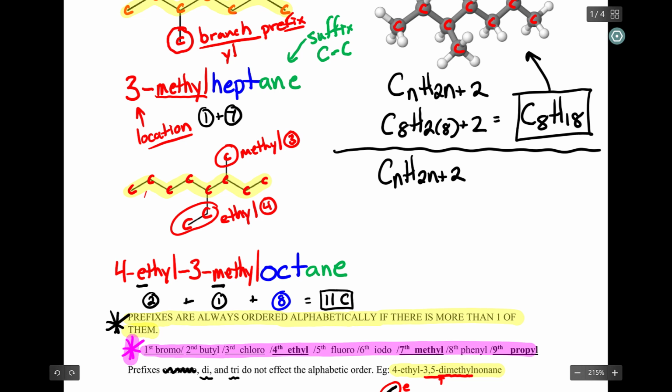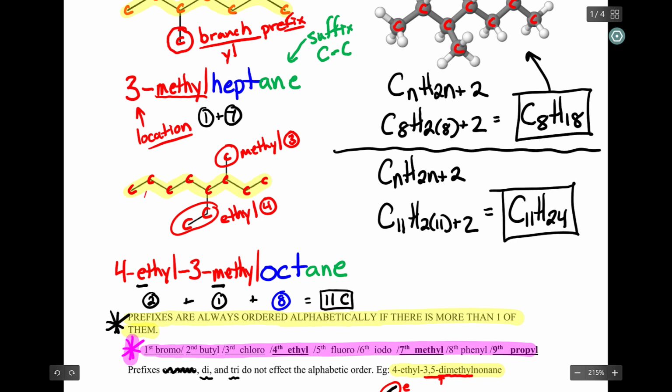And so this would be C11H, 2 times 11 plus 2. So 2 times 11 is 22, plus another 2 is 24. This is C11H24. That's how I figure out how many hydrogens are in the compound.